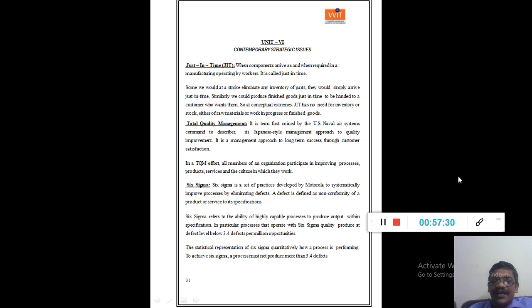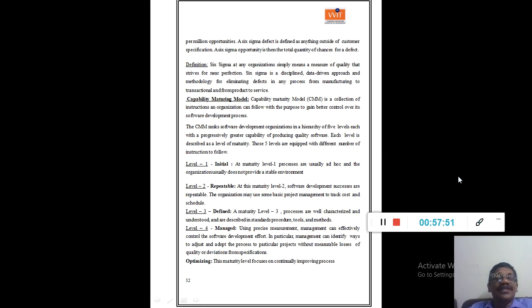What are the current happenings, like just in time, JIT in other words. Second, total quality management, in other words TQM. Third, Six Sigma. Fourth, CMM, that is capability maturity model.